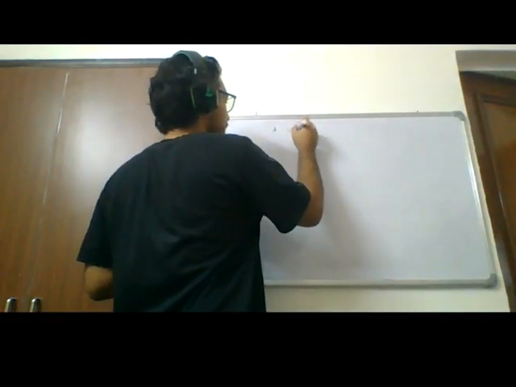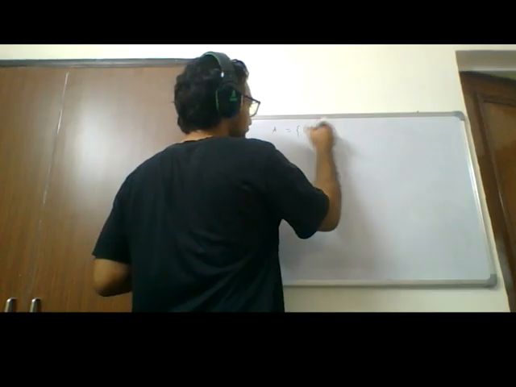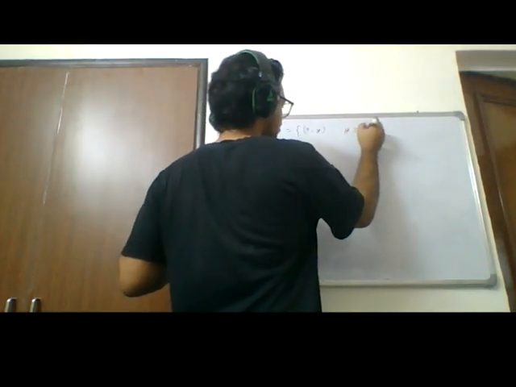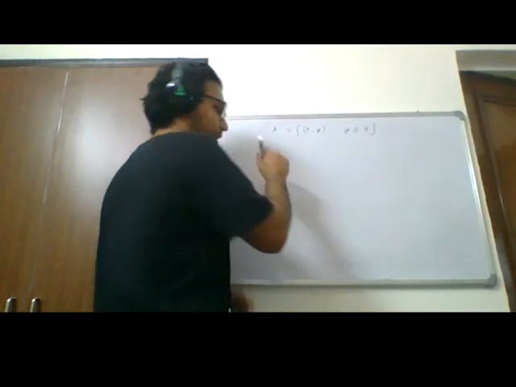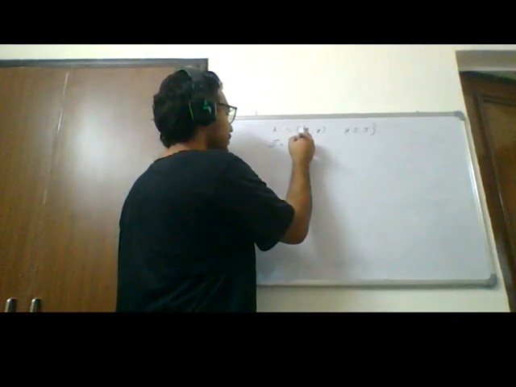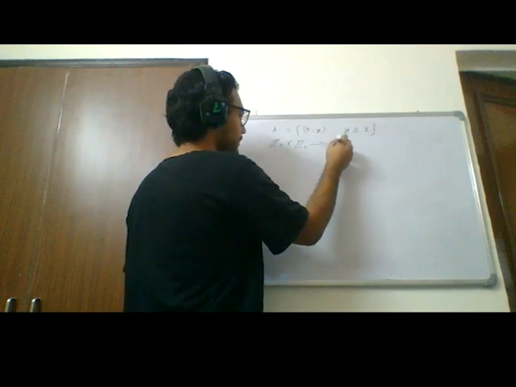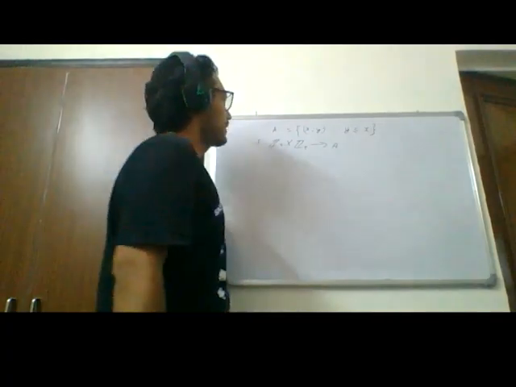Okay. So A is the set of pairs x comma y, where y is less than or equal to x, and we have a bijection from Z plus cross Z plus to A, right?